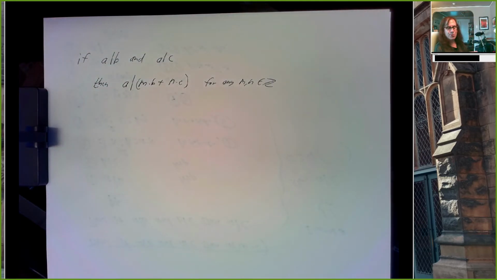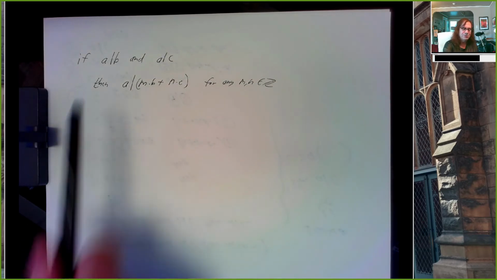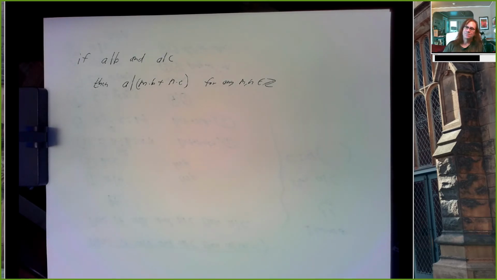In other words, it's more than just A divides B times C. A also divides 3 times B plus 5 times C. A divides 17B minus 2C. So linear combinations of B and C are also multiples of A. This gets us into linear algebra if you're in 215.